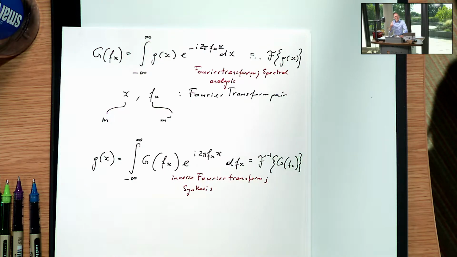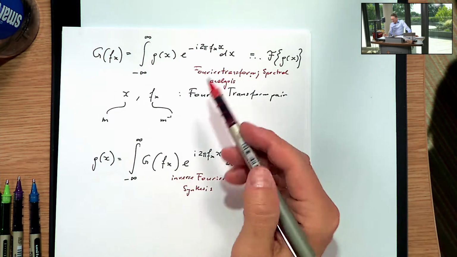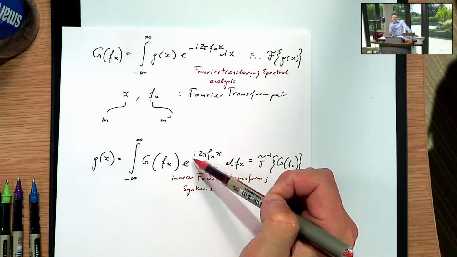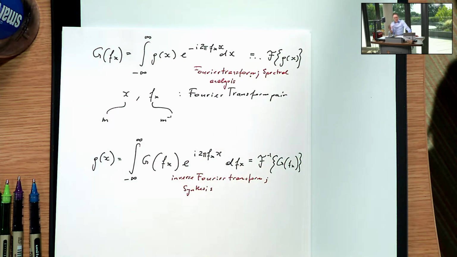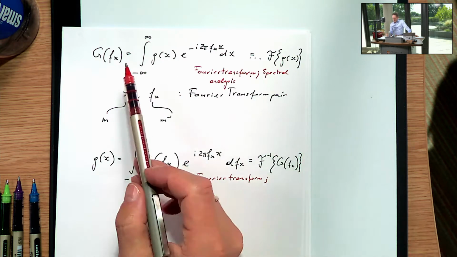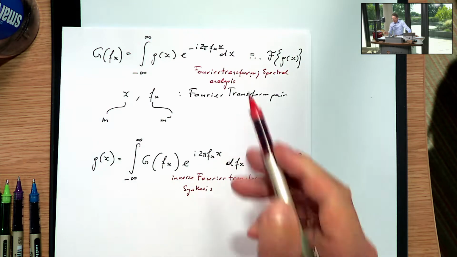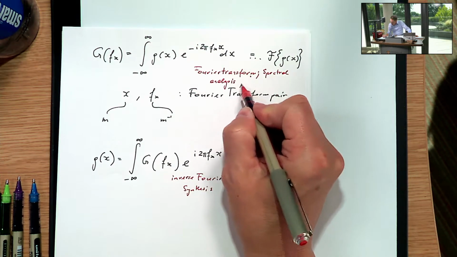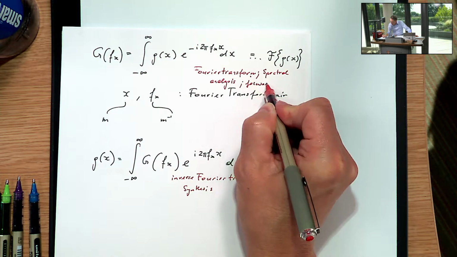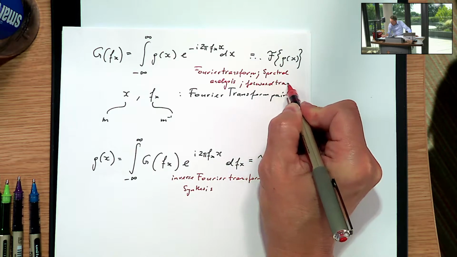But when we take intensities at the end, it doesn't matter for the purposes of this course whether you have the minus there or not. You end up with the same result. So in terms of a forward transform and a reverse transform, we can call this a forward transform as well.